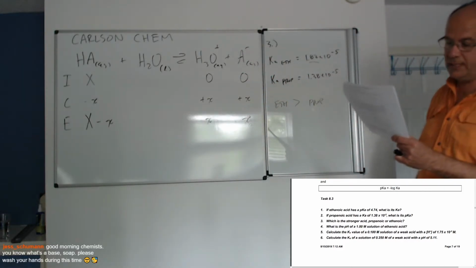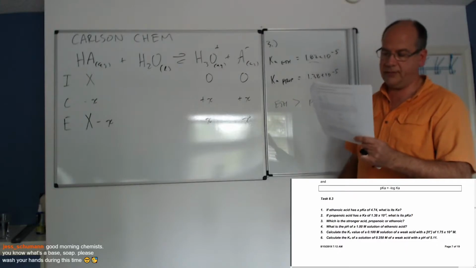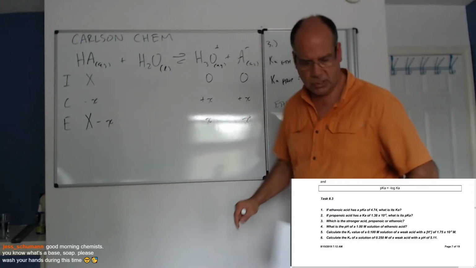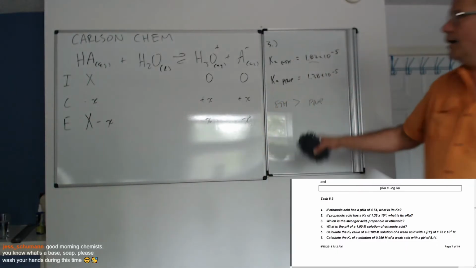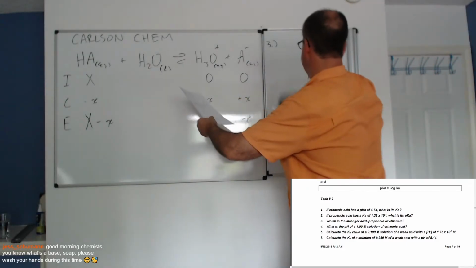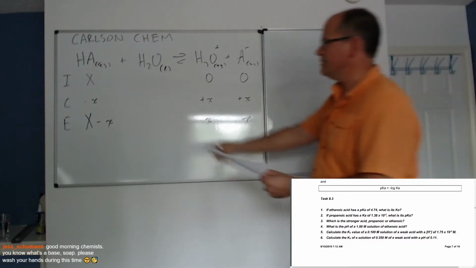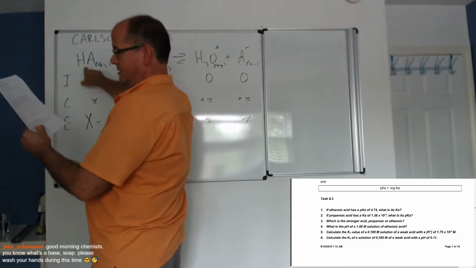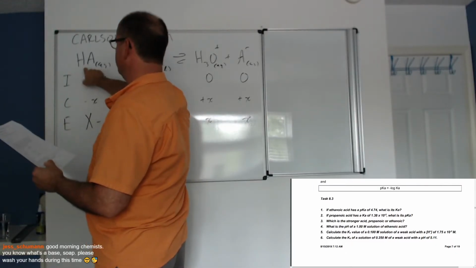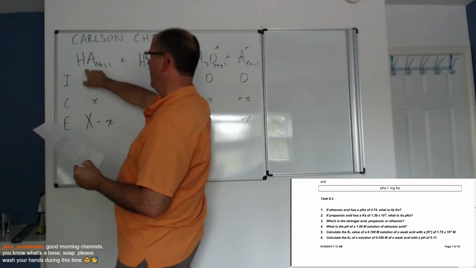Number 4, what's the pH of a 1 molar solution of ethanoic acid? Okay, so here we can use our ice table over here just as a generic example. Let's just call this ethanoic acid.